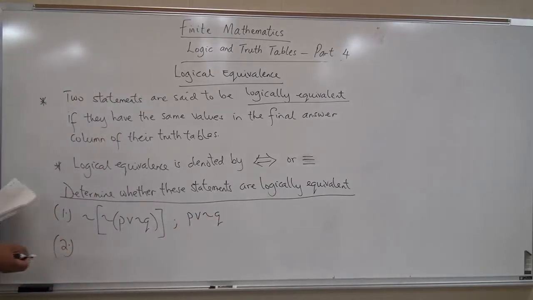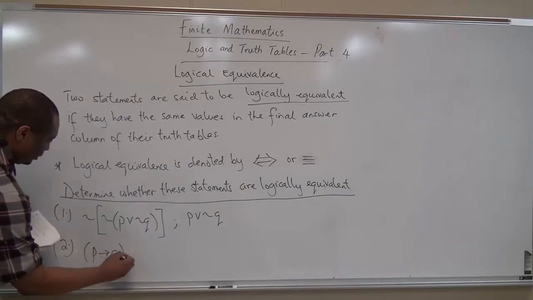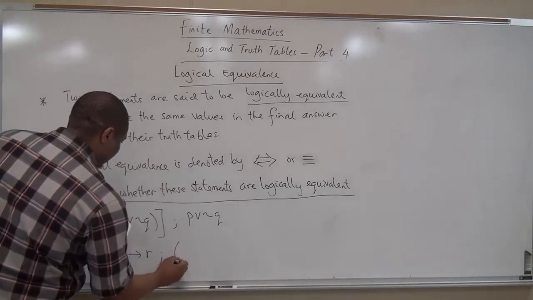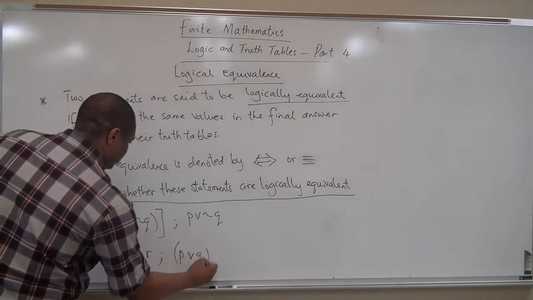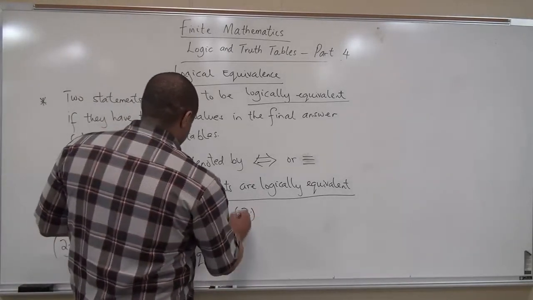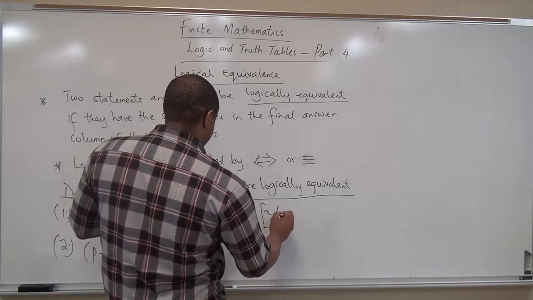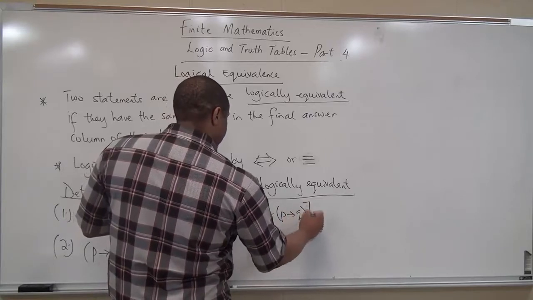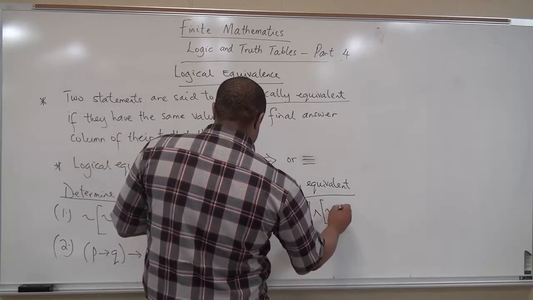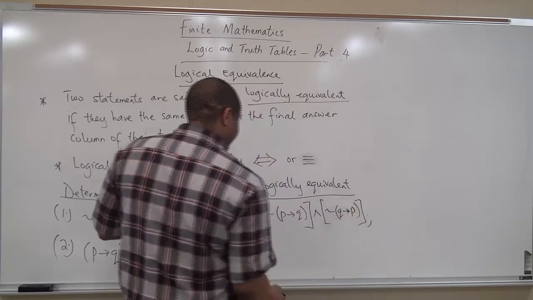Number 2: P implies Q, implies R, and the other statement is P or Q or R. Then number 3: parenthesis, negation of P implies Q, close parenthesis, and negation of Q implies P, close the parenthesis.